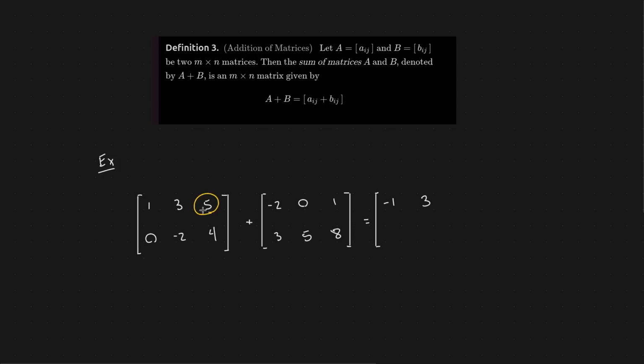And I'm going to keep on doing that. 5 plus 1 equals 6. 0 plus 3 equals 3. Negative 2 plus 5 equals 3. 4 plus 8 equals 12.